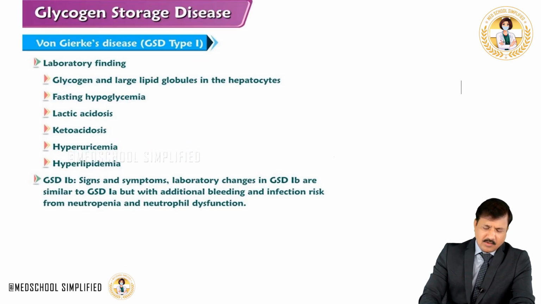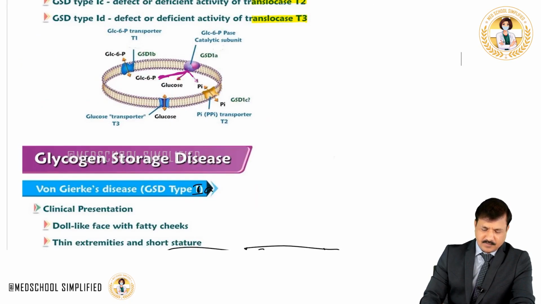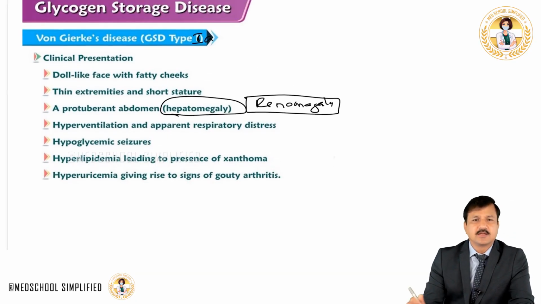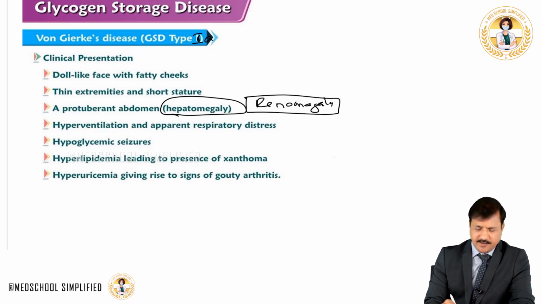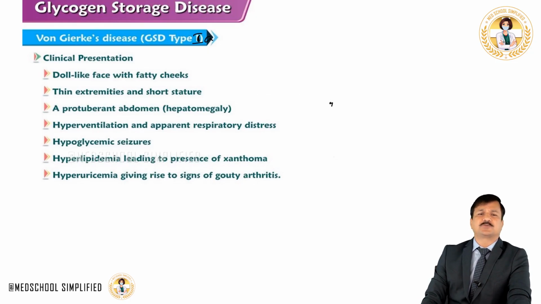Now, why will patients with von Gierke disease show all these changes? Why will they show hypoglycemia, hyperlipidemia, hyperuricemia, lactic acidosis, ketoacidosis? There are so many metabolic changes going on in the deficiency of glucose 6-phosphatase enzyme.